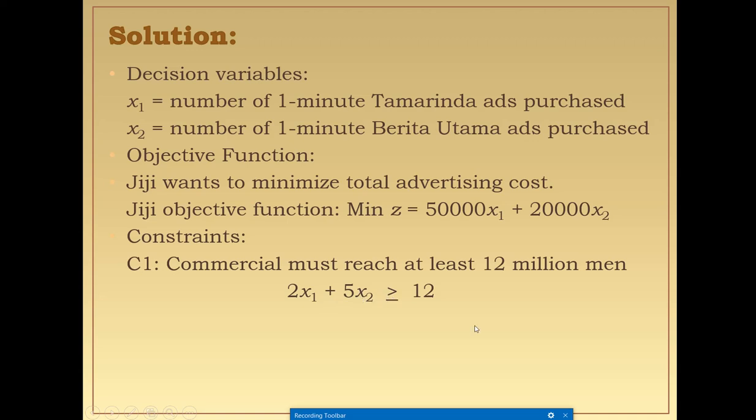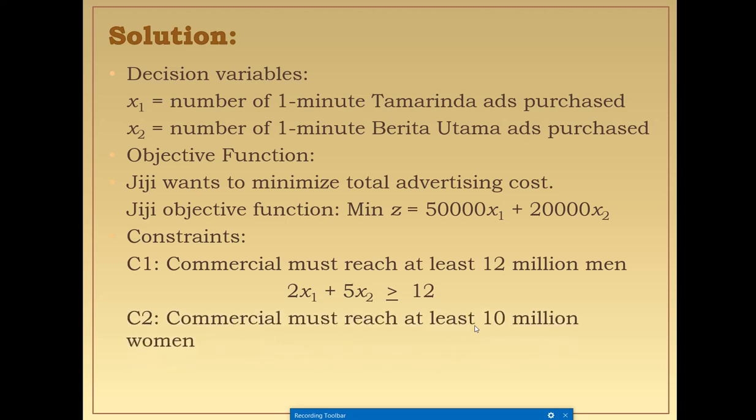And the second constraint is same as the first constraint, but now the target is the woman viewer. Okay, the commercial must reach at least 10 million women. Okay, 10 million woman viewer must be watched by at least 10 million women. Okay, so we know that during Tamarinda slot, there are 4 million women watch the program and 1 million women watch berita utama.